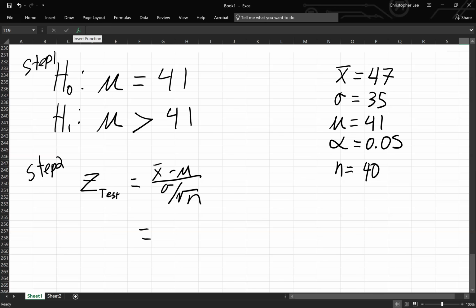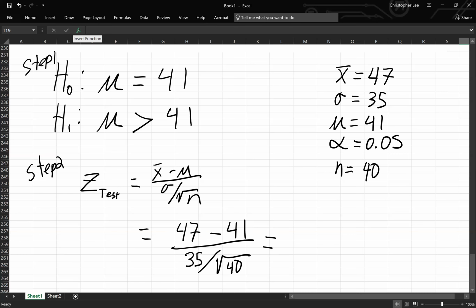Okay. So the next thing that I wanted y'all to do, right? Plug in the numbers. So we have 47 minus 41 over our standard deviation, 35, divided by the square root of our n, which is 40. All right? So let me see if you did it right in the calculator.